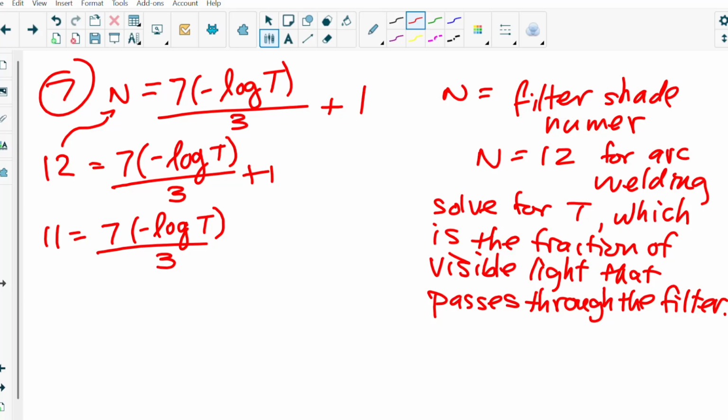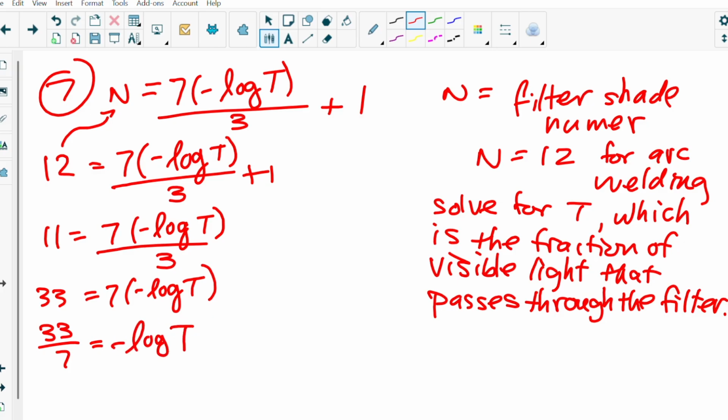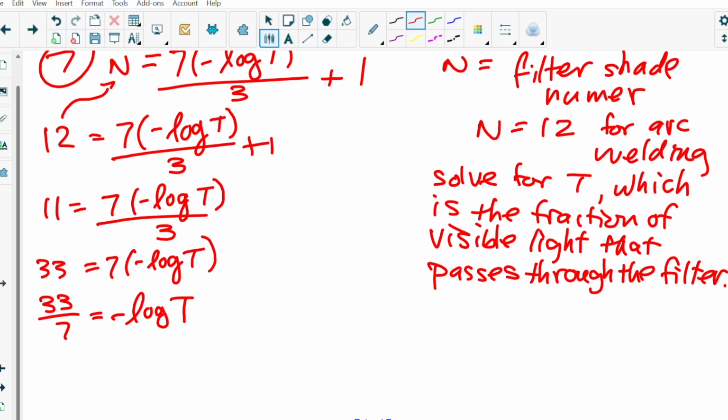Let's multiply both sides by 3. So I get 33 equals 7 times negative log of T. Divide both sides by 7. I have 33 sevenths equals negative log of T. And then I'm going to divide both sides by negative 1. So I have negative 33 sevenths equals log of T.